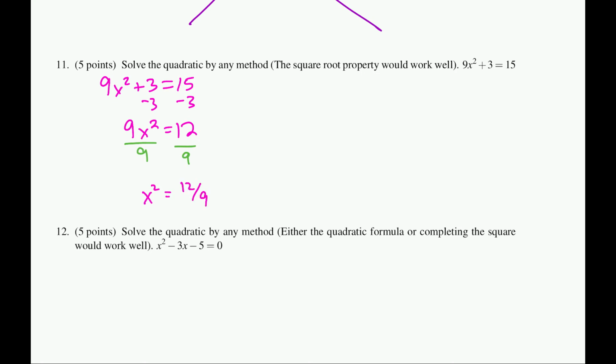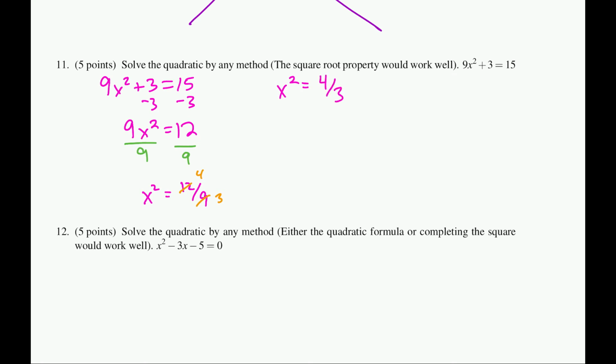Now, you should probably just reduce that fraction on a calculator or by hand. So 12 over 9 reduces because 3 goes into 9 3 times, 3 goes into 12 4 times. So what we've got is x squared equals 4/3.